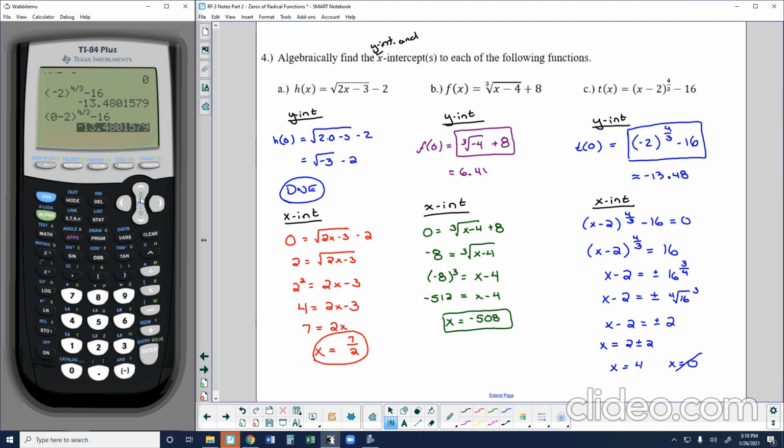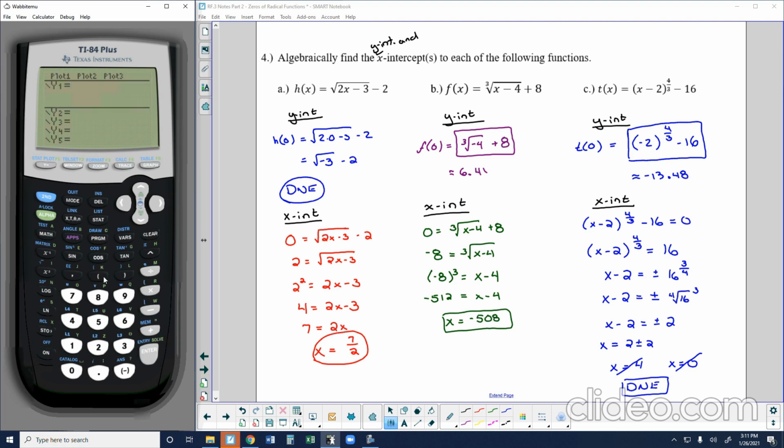I could do the same thing with 4, and it's going to give me the same answer. So 4 is not a solution. This has no solution, so the x-intercept does not exist. So it's kind of a lot of work to figure out that there is no x-intercept.